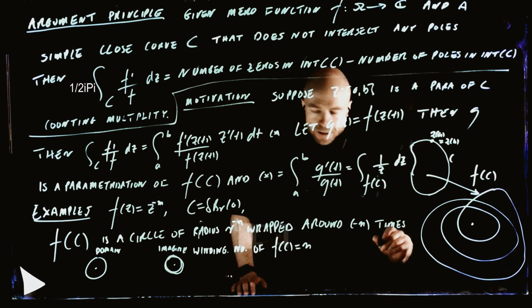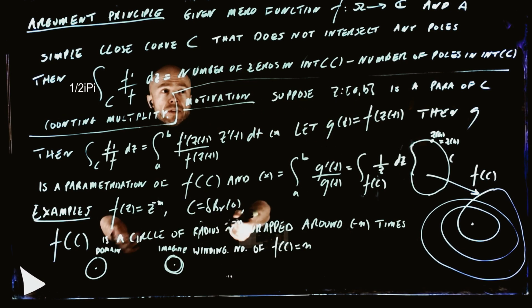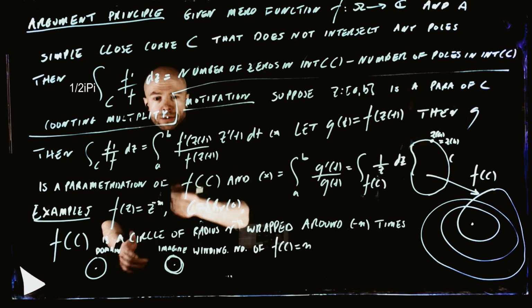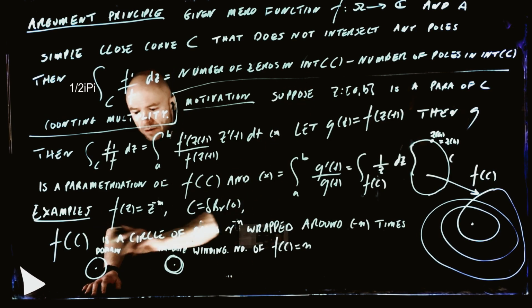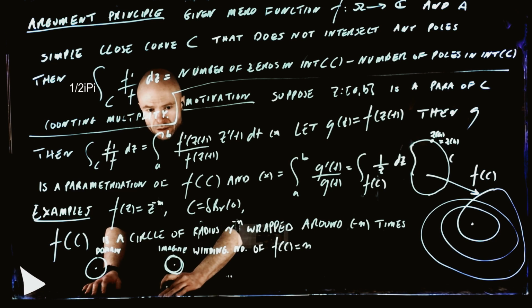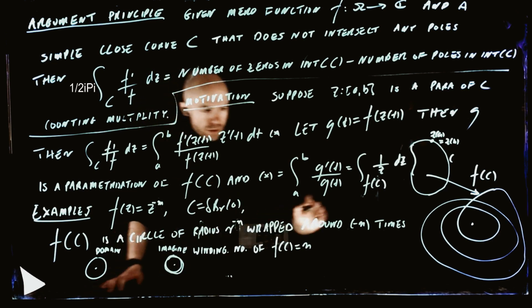And then let's count the number of zeros and poles inside this thing. Well, the number of poles, counting multiplicity, is m.